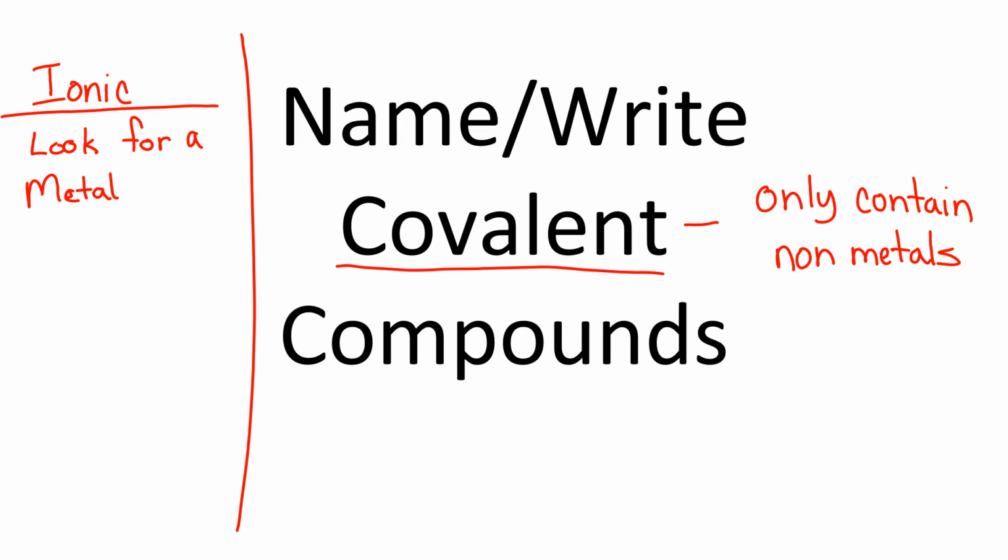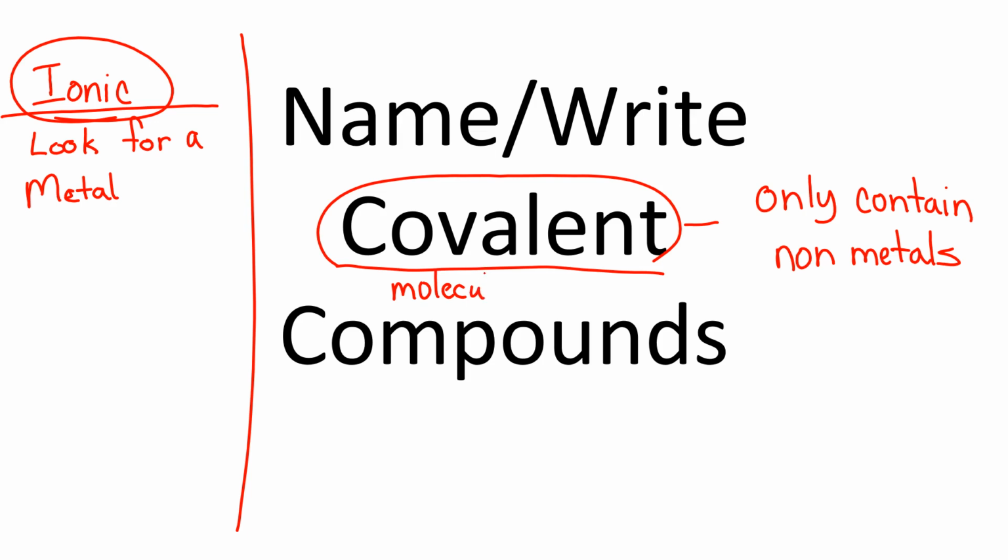All right. So I want us to recall, when we're dealing with ionic compounds, I'm going to look for the presence of a metal in the compound. That's going to be the easiest way to identify that something is ionic. All right. When we are dealing with covalent, also called molecular, covalent compounds contain only nonmetals.